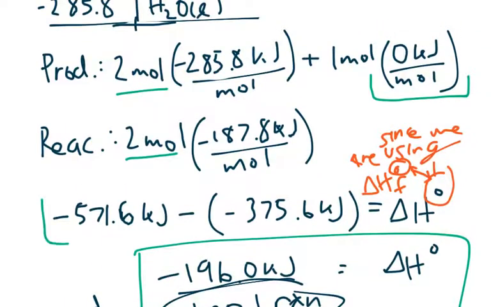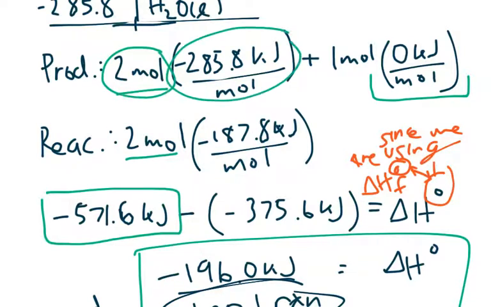So negative 571.6 is when you multiply 2 moles times negative 285.8 kilojoules per mole, and the moles cancel out. And notice the 0 just doesn't exist because it's 0. And we have to subtract that by the ΔHf of the reactants.